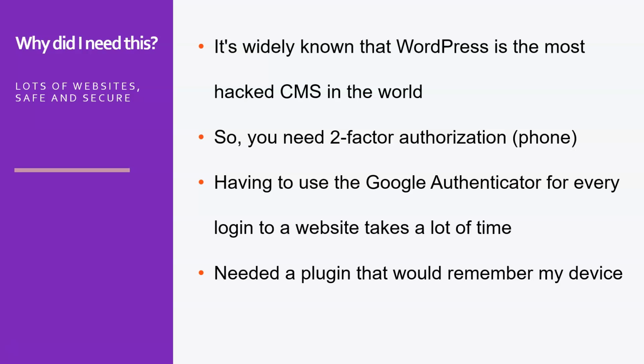To protect you from being hacked, it's necessary to have a so-called two-factor authorization, which means you not only have your login name, your username and password, but also something else, the second factor.